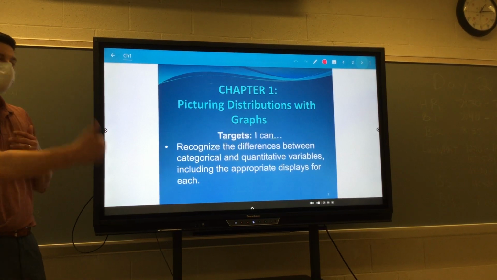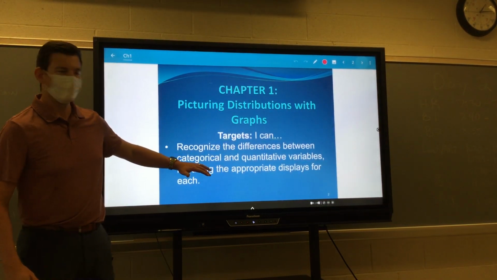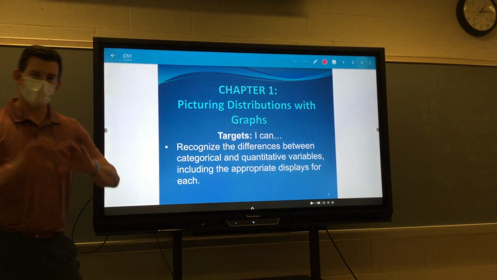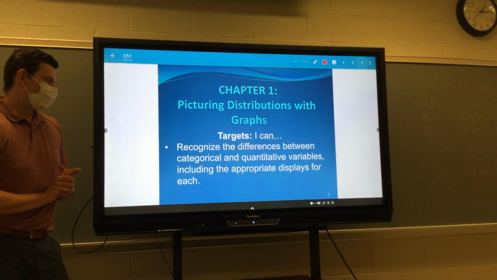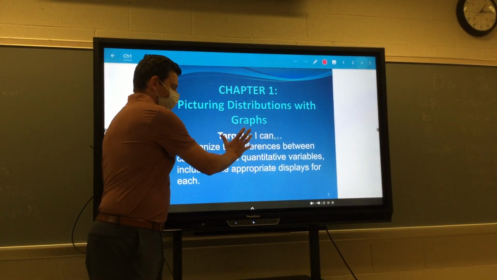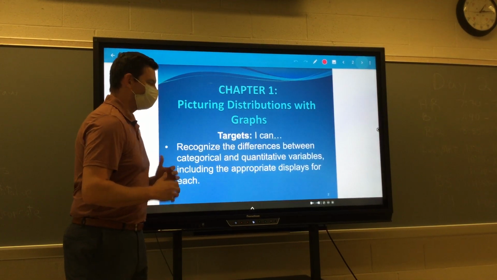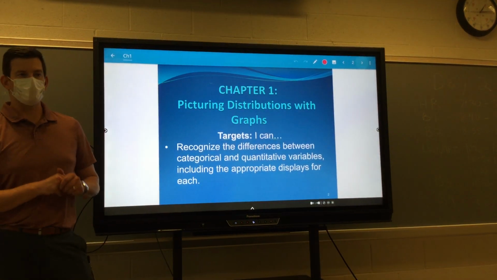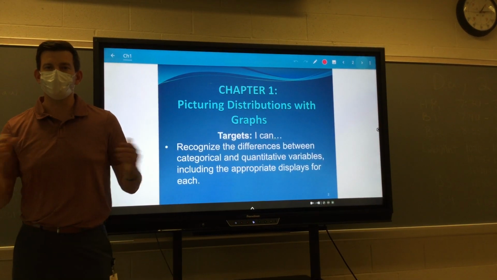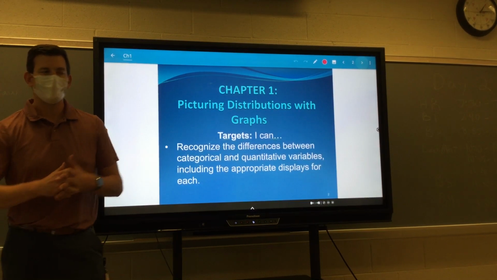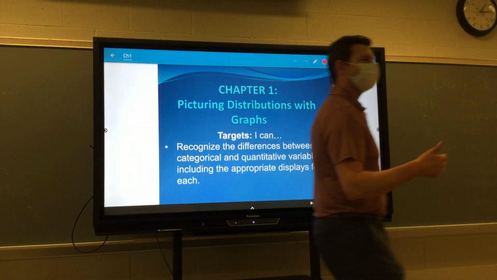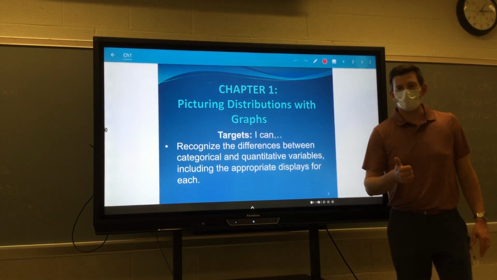And we're going to be looking at the different types of data. We have categorical and quantitative variables. So that's one of our key targets here. But from that definition, we want to be able to choose an appropriate display for each of those types of variables. Now, a lot of what we're talking about today, I know that you've seen before.